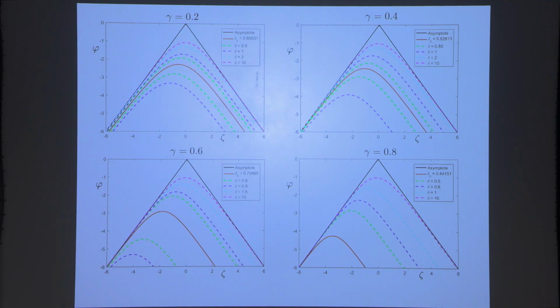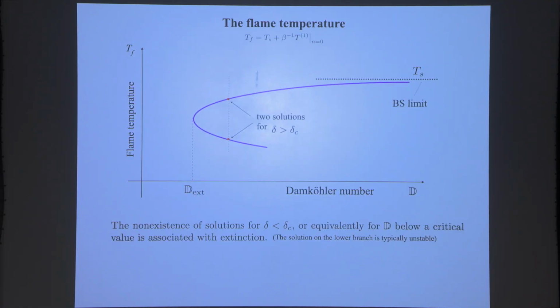It's qualitatively the same if you choose it at the maximum or based on some other criteria at a slightly different point, okay? So essentially, let's say that's the flame temperature, or the temperature where those curves peak. It's a reasonable assumption. And so you can plot the flame temperature as a function of the Damköhler number, which is captured from this delta.